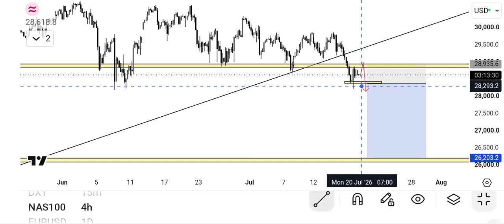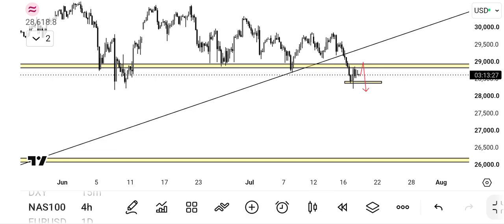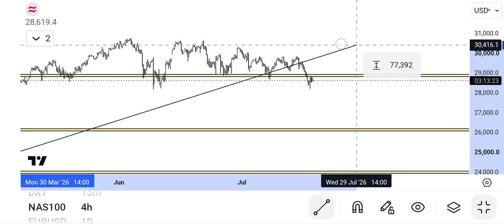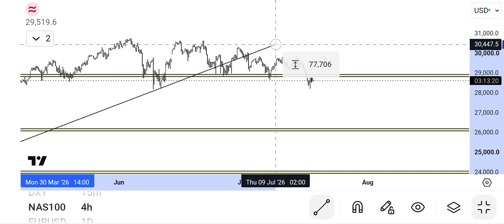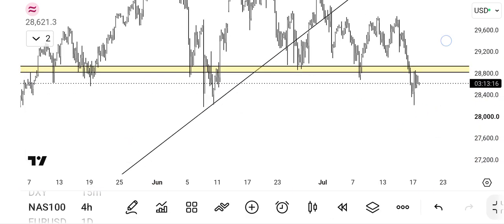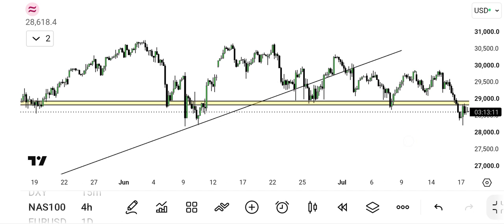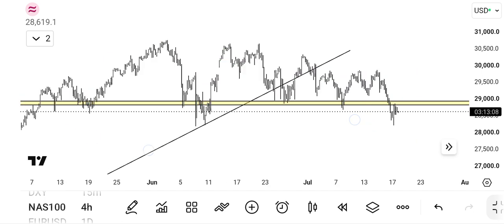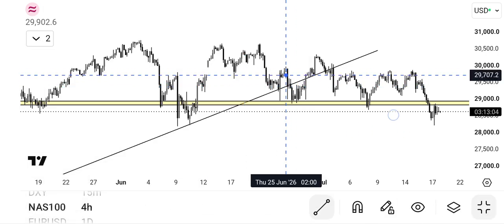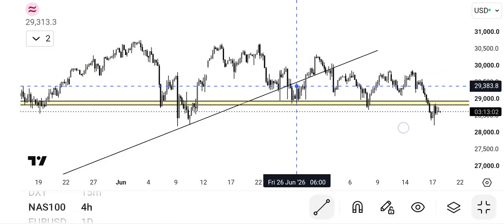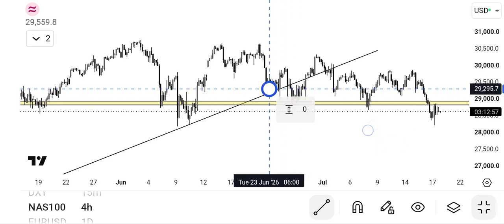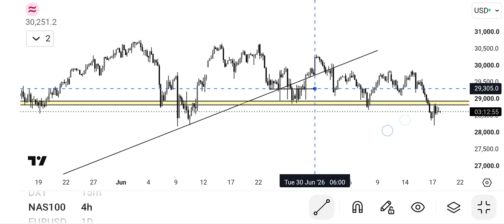So I'll be doing a brief recap on this loss I took the other time, not last week, I can't recall. My entry was here, and my trend line was here. The market took out this trend line, gave me a circuit breaker, and I placed my circuit breaker line at this point here.